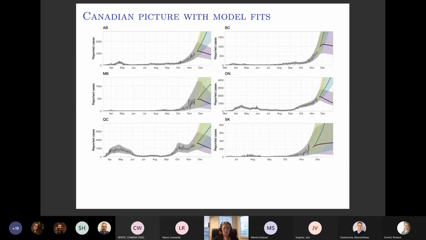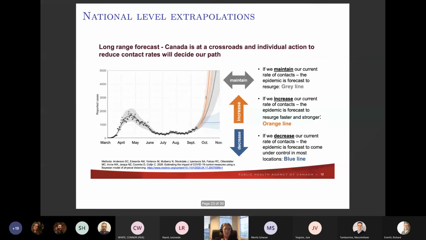And we just look at different scenarios. This is what we're doing now, the green one. What if we reopen more? What if we scale it back? And of course, you see different exponential growth rates. And it's used as essentially a tool to communicate what exponential growth actually looks like in your jurisdiction to public health agencies and people who are thinking about what to do in their jurisdiction and what it might look like by December.